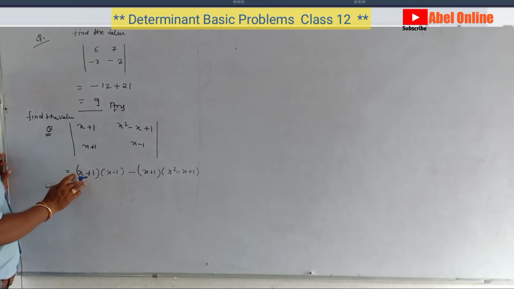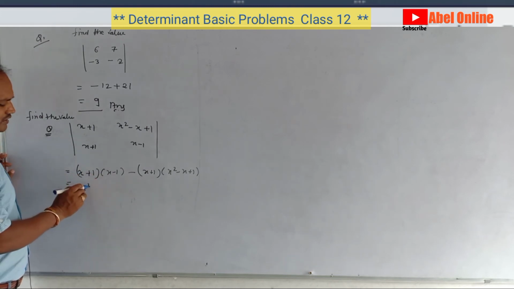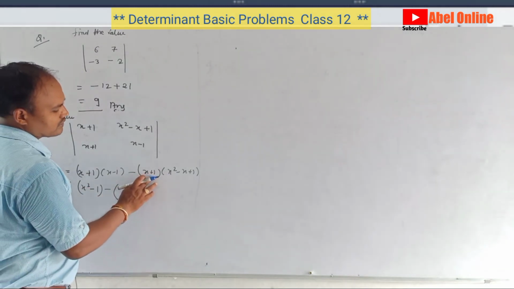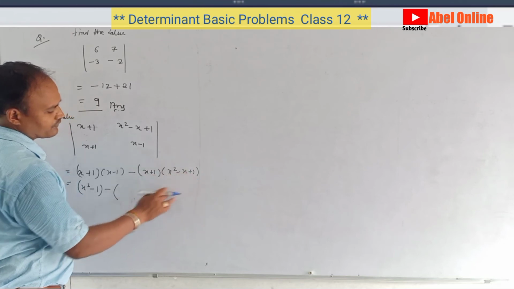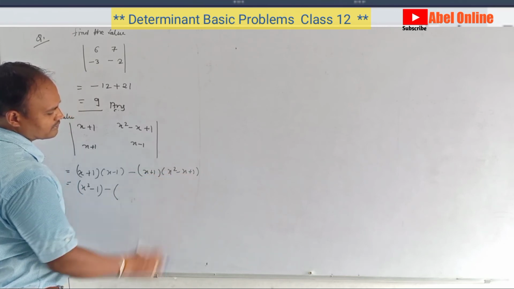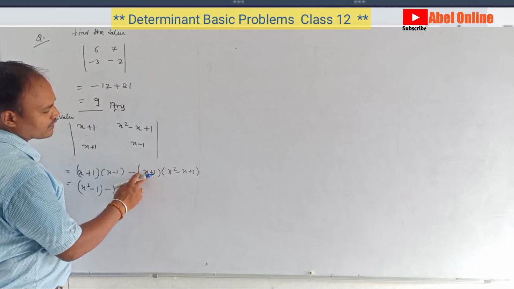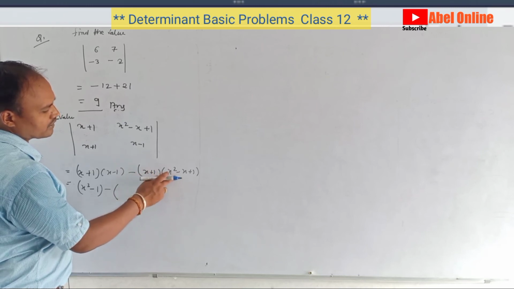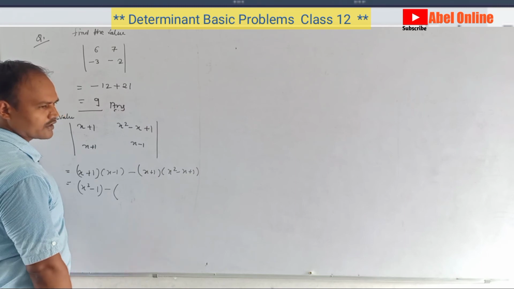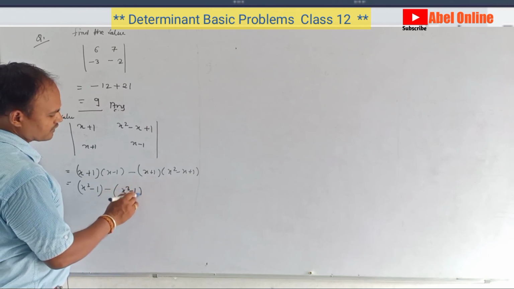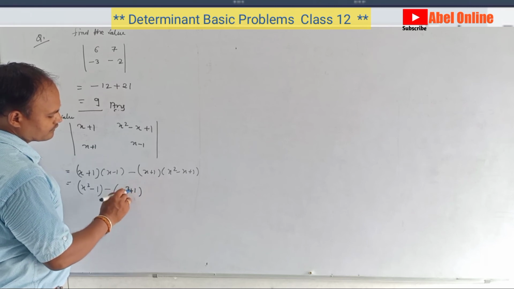Now you know very well that a plus b and a minus b gives a square minus b square, so here it is x square minus 1. Which formula is this? a plus b into a square minus ab plus b square is the formula of a cube plus b cube. So x plus 1 and x square minus x plus 1 give x cube plus 1.